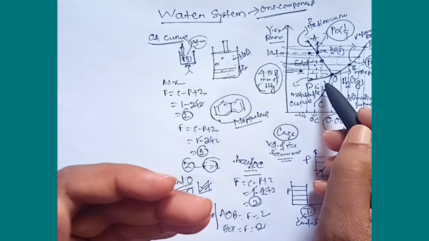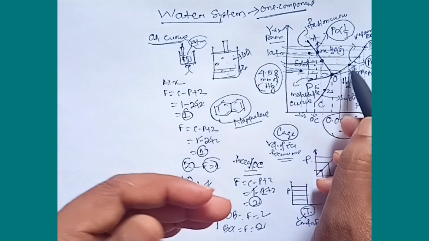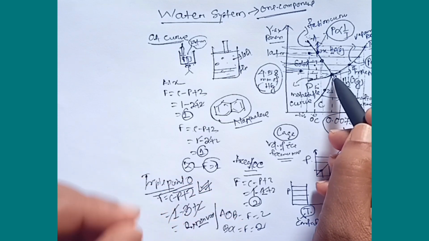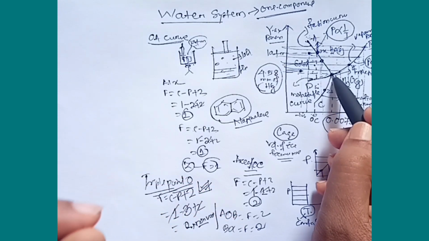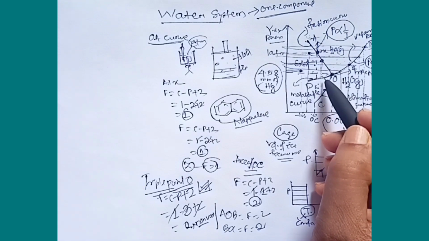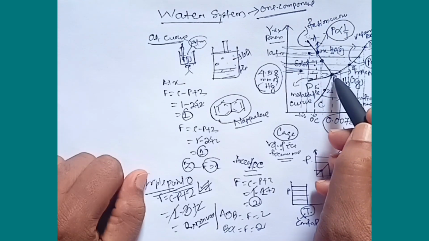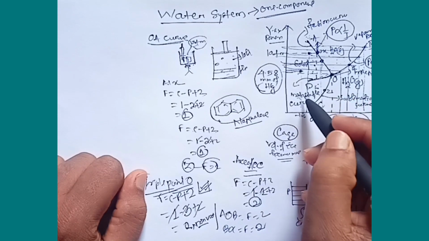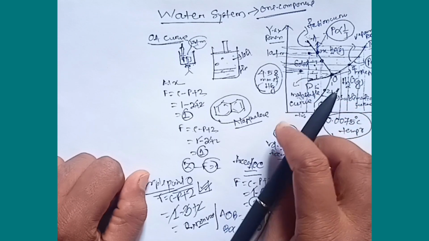Rather, it prefers to stay in the liquid and vapor. But as soon as we give some push, agitation, or jerk to the system, it will instantly be converted into solid state. So this is the OD curve, and it is called the metastable curve. Okay.